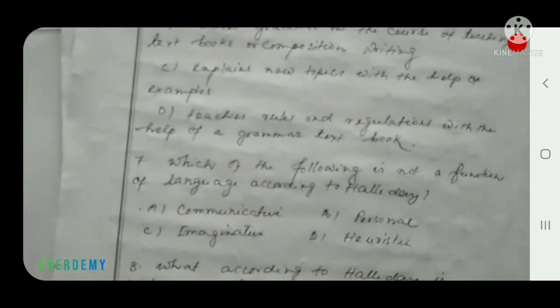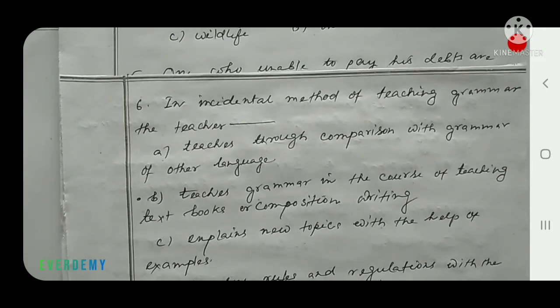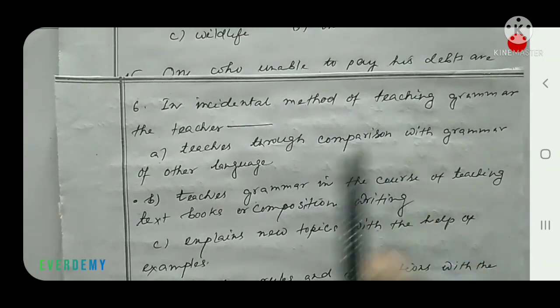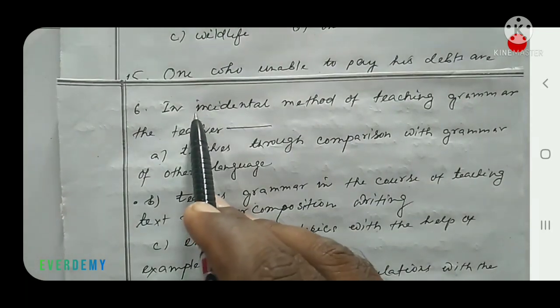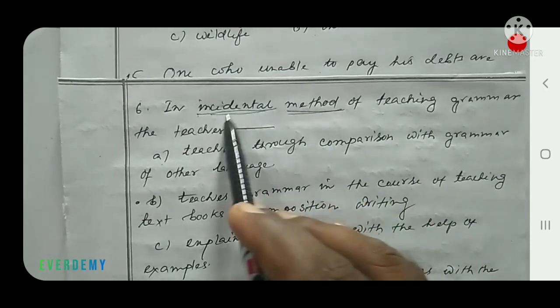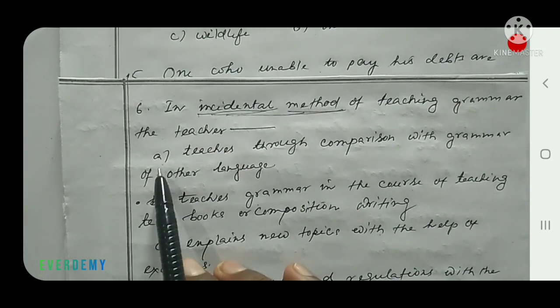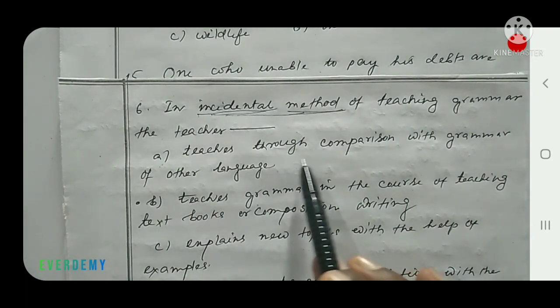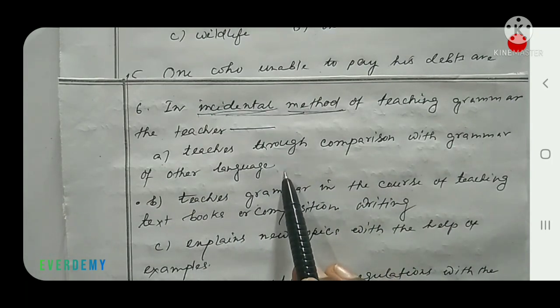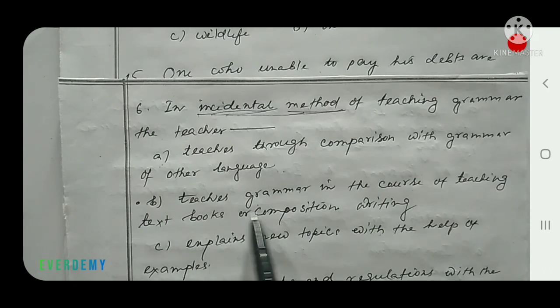Next, number 6. In incidental method of teaching grammar, the teacher... incidental method, that's the accidental method. A, teaches through comparison with grammar of other languages. B, teaches grammar in the course of teaching textbooks or composition writing.